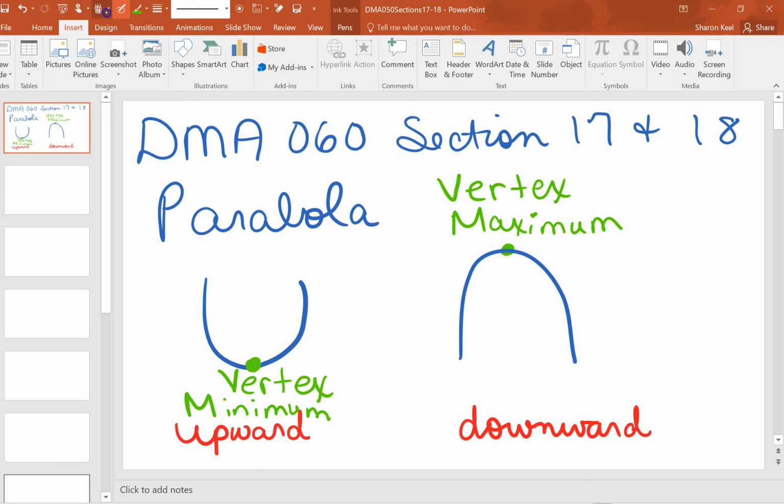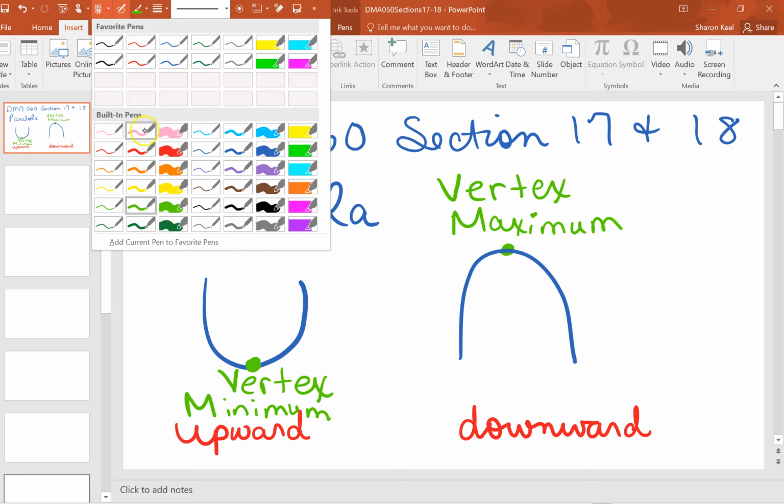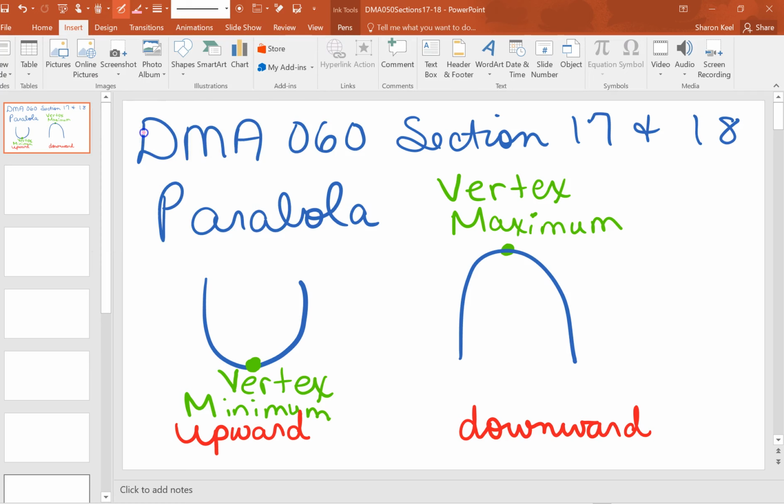We will be asked in these sections to identify and draw as a dashed line something that's called the axis of symmetry. I'm going to do a dashed line here. This dashed line that's in pink is the axis of symmetry.